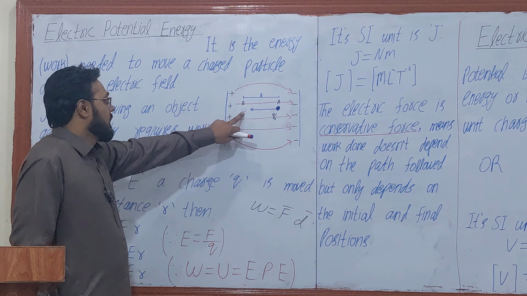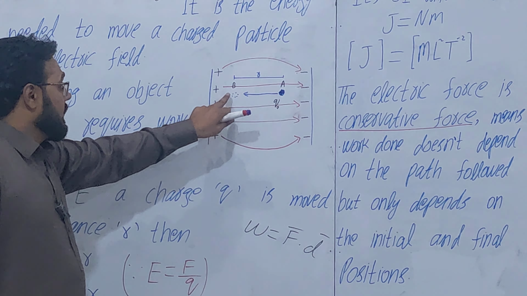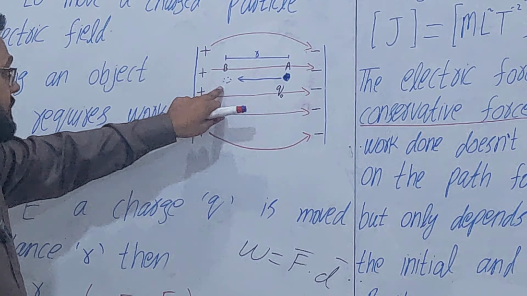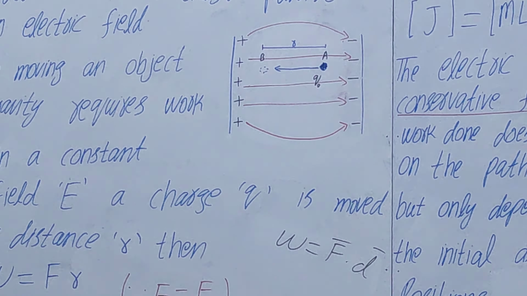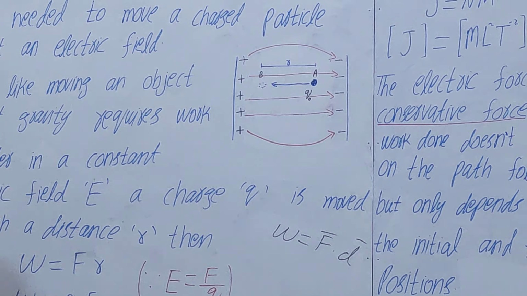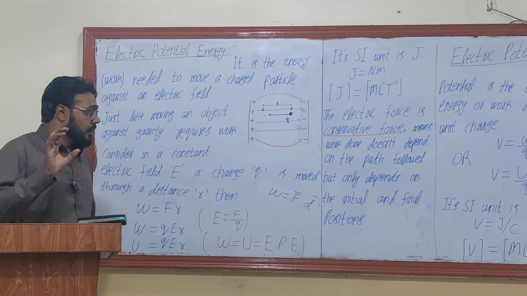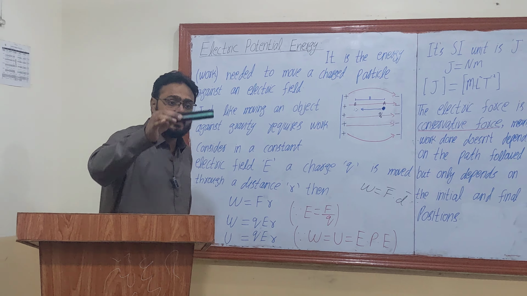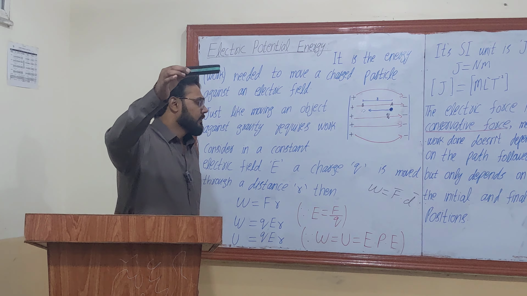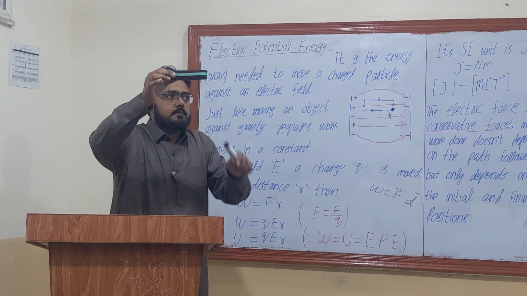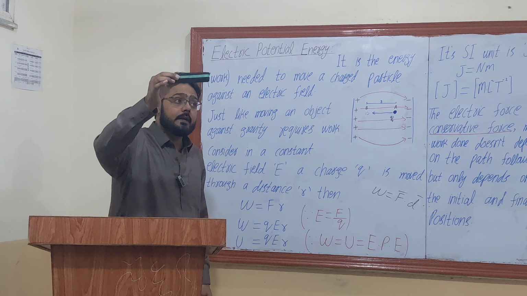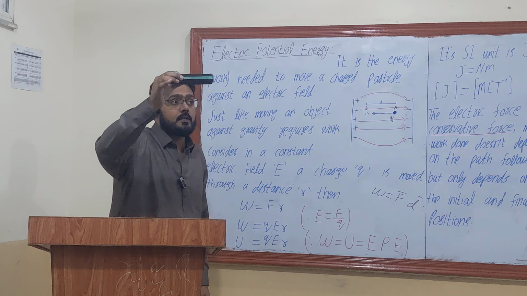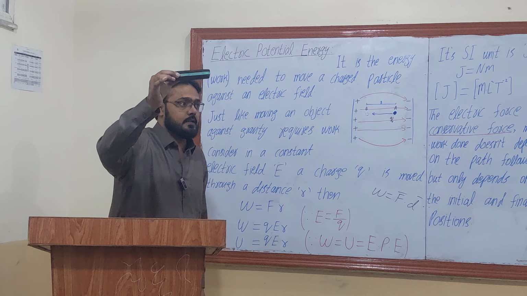This is stored as electric potential energy in this charge. Same as gravitational potential energy. If I'm applying force on this duster right now and it covers some distance, it means work is done, and the work is stored as gravitational potential energy in this duster.